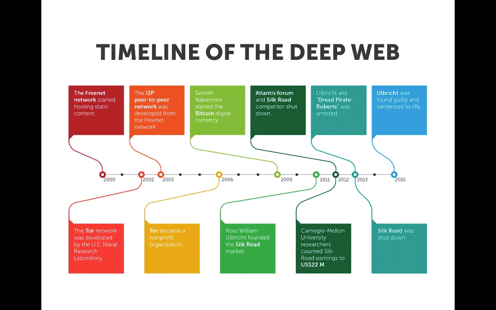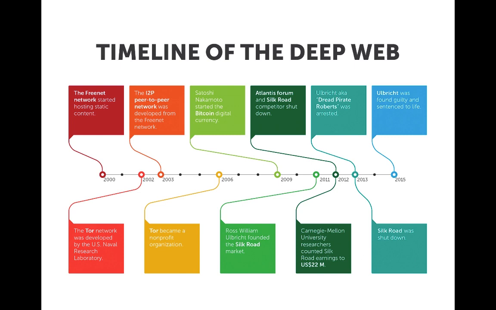It was only used by law enforcement agencies, police, and armed forces. The next year, 2003, the I2P Invisible Internet Project peer-to-peer network was developed from the Freenet network. We are going to explore the I2P network in our upcoming chapters.